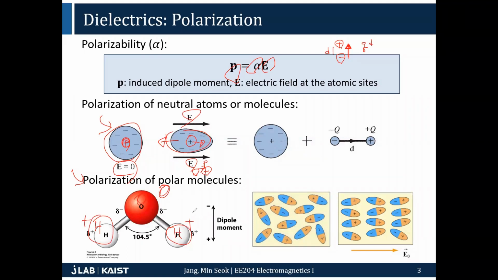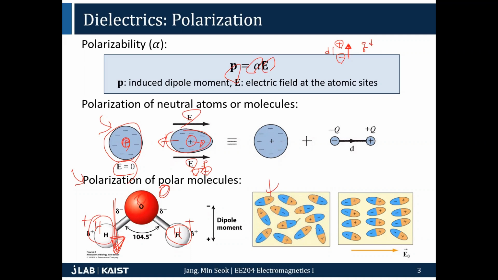By the way, water molecules are naturally polarized. It has a dipole moment from here to here. This is the dipole moment of the water molecule. And when there's no electric field, these water molecules are randomly oriented, like this.